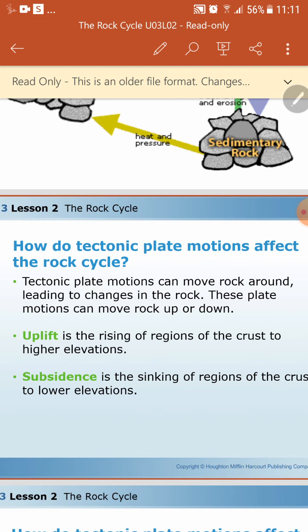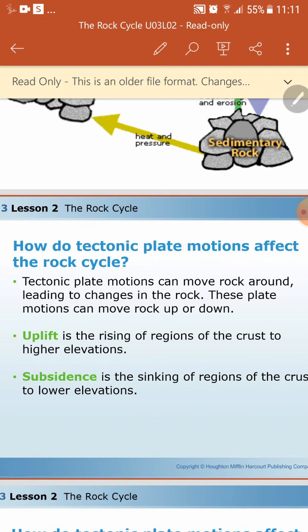This motion we call uplift, which is the rising of regions of the crust to higher elevation. So it comes from motion of layers of the crust, which is called the tectonic plate motion.